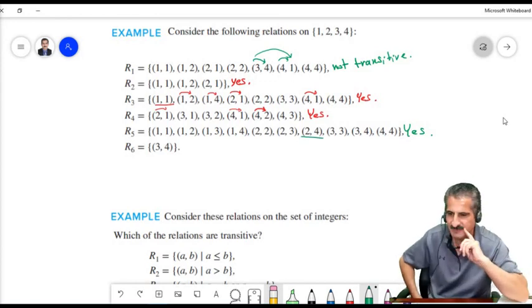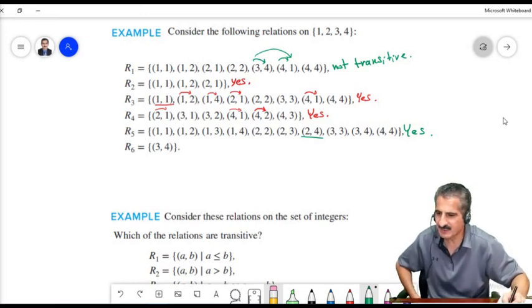So I believe it is transitive. I checked them all. I think it is transitive.